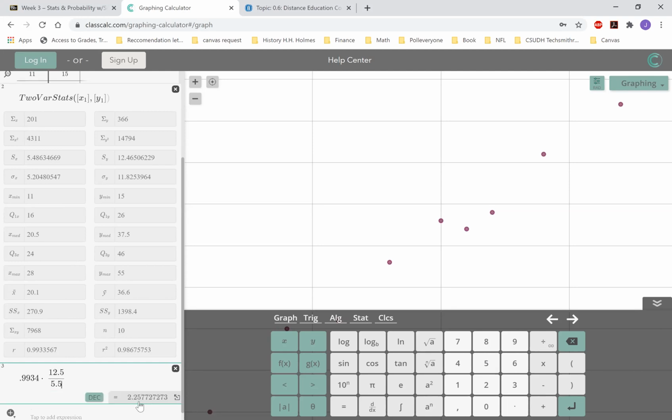And if you look at my slope, I'm going to round this to 1 decimal place. So we're going to get 2.3. So we'll say slope is equal to 2.3. And that's it. Any question on how to find the slope?